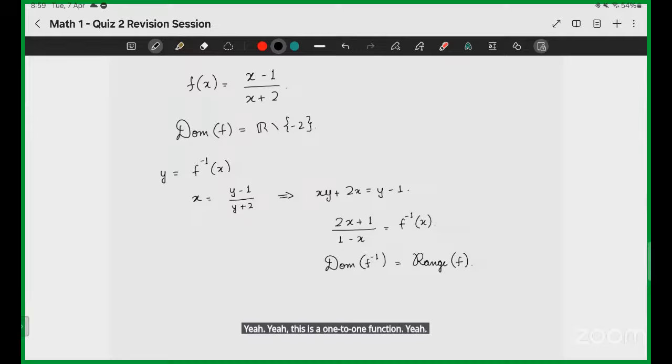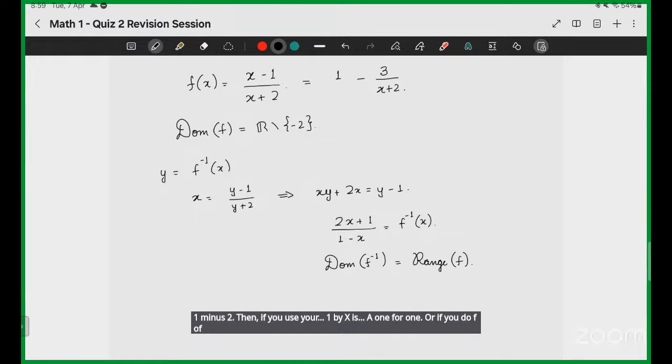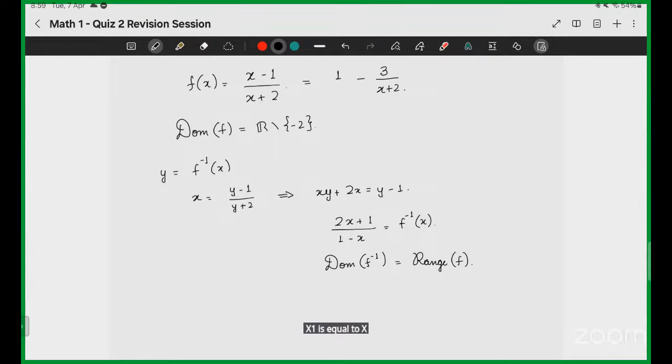Yes, sir. Here you can actually see it easily because this is 1 minus 3 by (x plus 2). If 1 by x is one-to-one, or if you do f of x1 is equal to f of x2, then x1 is equal to x2. In this formulation, it is easier to see that it is. How did you write this in such a fashion?